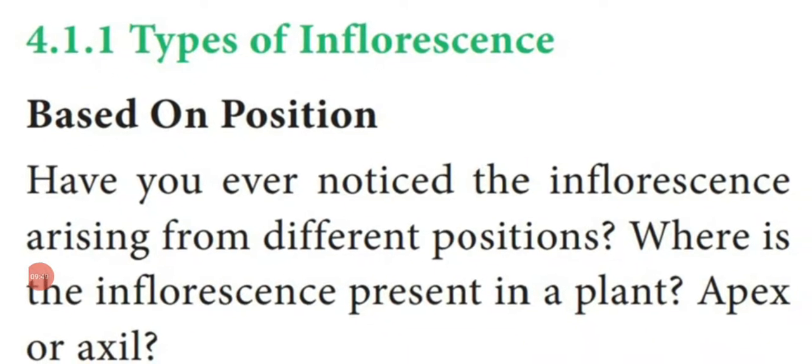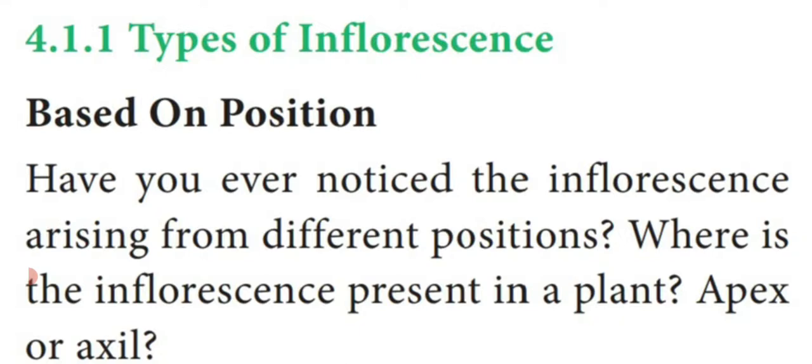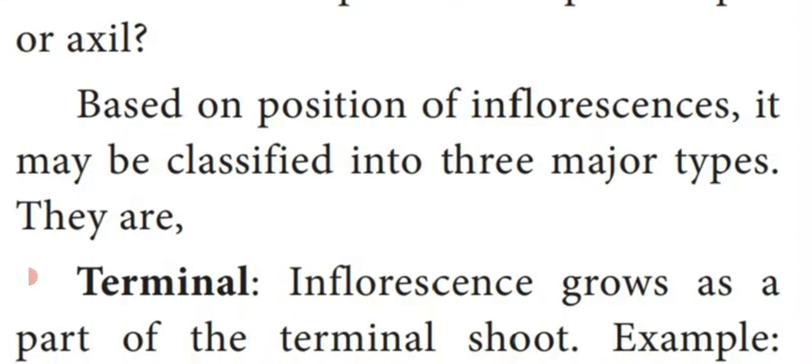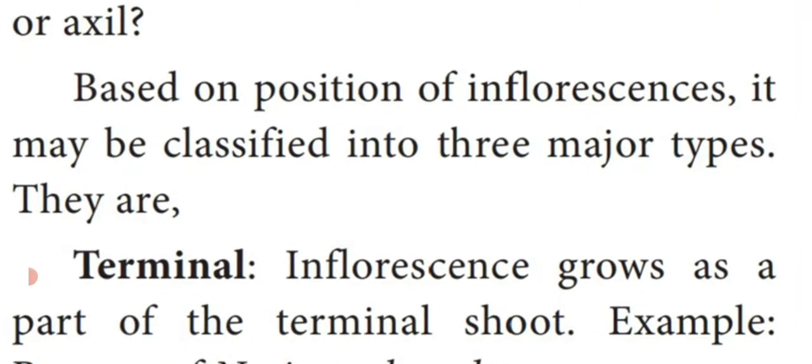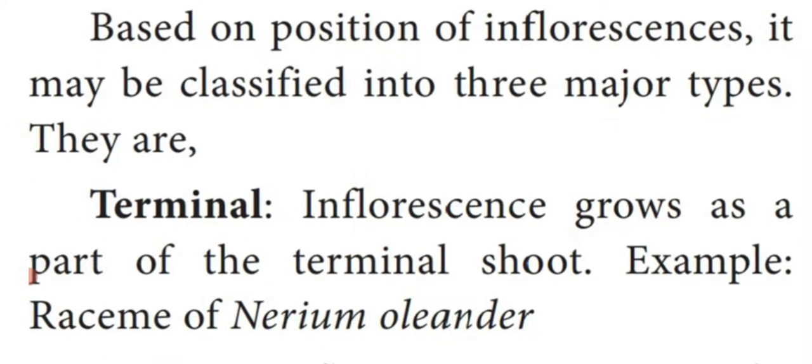Dear students, next we are going to see the types of inflorescence. Based on the position, that means in which region the flowers are produced, that is said to be position. Based on the position, the inflorescences are divided into three major types, whether it is produced at the tip of the stem portion, or in the axial region of the stem portion, that is the position, isn't it?